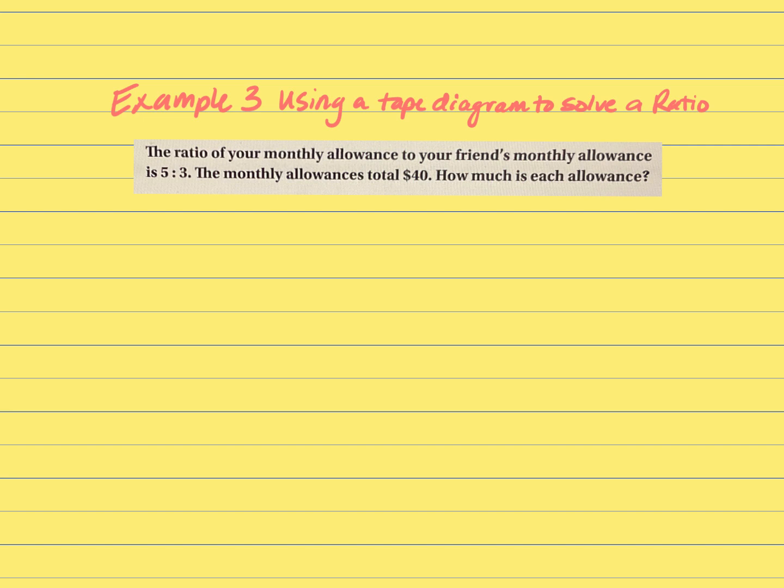So you need to create a tape diagram representing the ratio of 5 to 3. In order to do that, you think about what the 5 to 3 ratio means. First of all, you have you, and you have your friend.